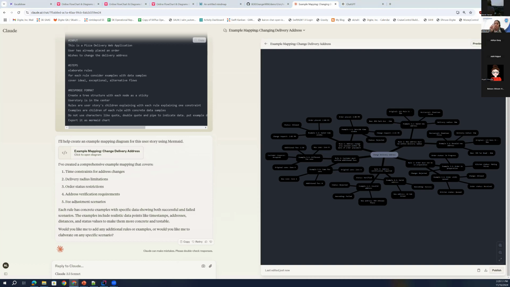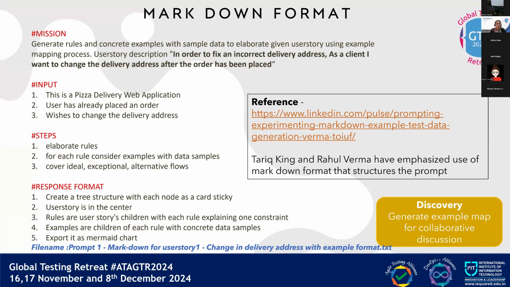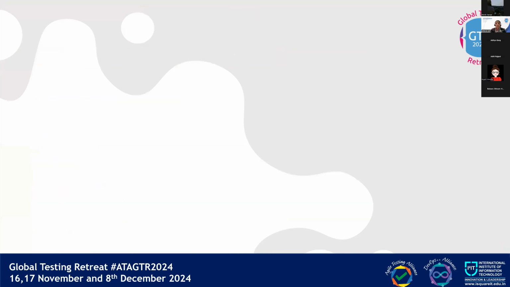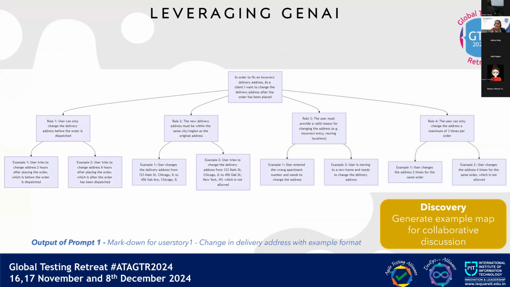Right. But you look at the way scenarios are emerging. It is giving you the behavioral aspect of it. Now let's tweak this prompt to one more with a slight modification. The first time I put this in ChatGPT, I got the tree structure. You saw in Claude, I got the mind map now.